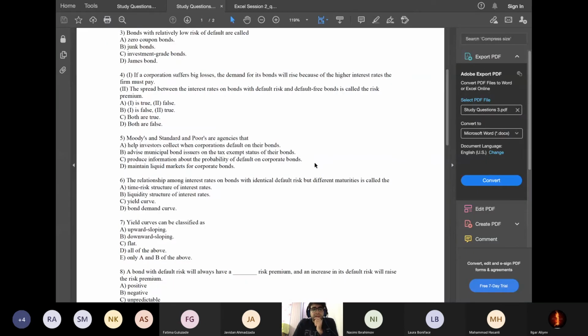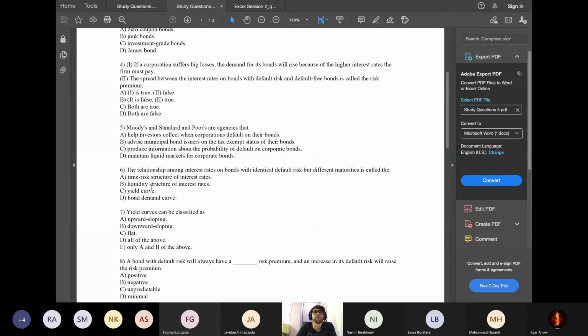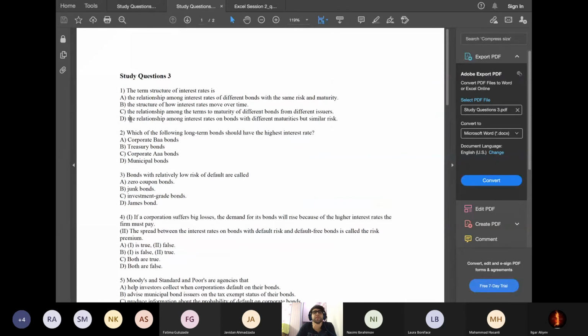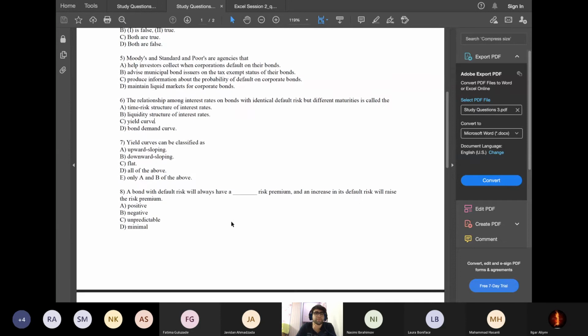Okay. The relationship among interest rates on bonds with identical default risk but different maturities is called the yield curve. It's the relationship among interest rates on bonds with different maturities but similar risk. Yield curves can be classified as upward, downward, flat.